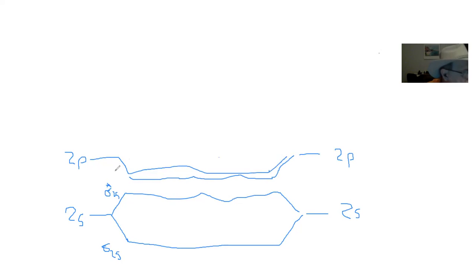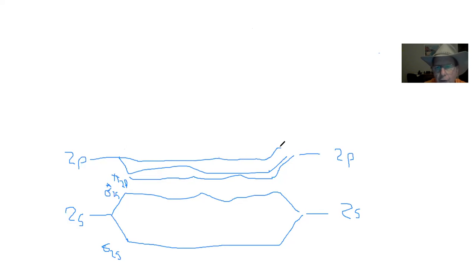Okay, if I look at my nitrogen, if you have your textbook, I'm looking at page 478. Now, in nitrogen, the pi 2p forms before the sigma 2p. Remember, I have atomic orbitals.